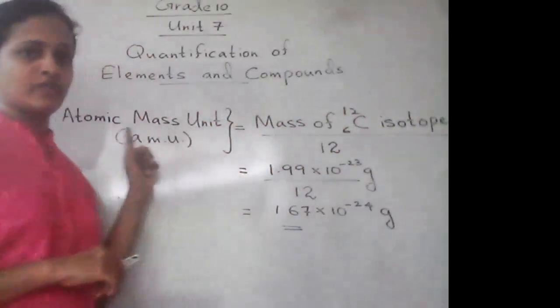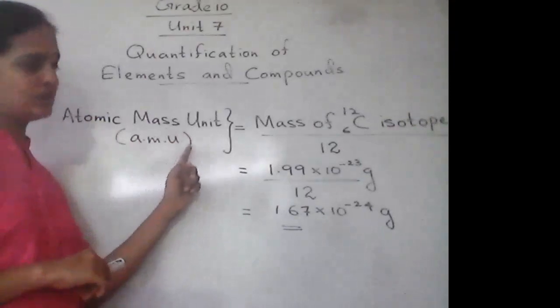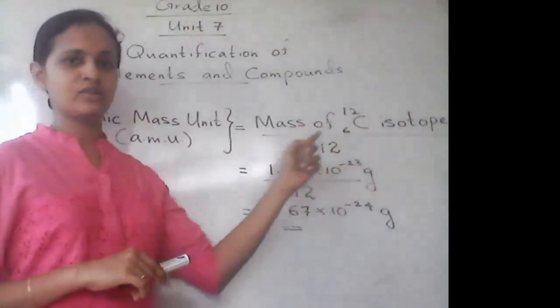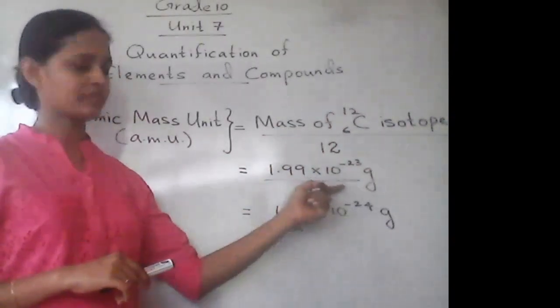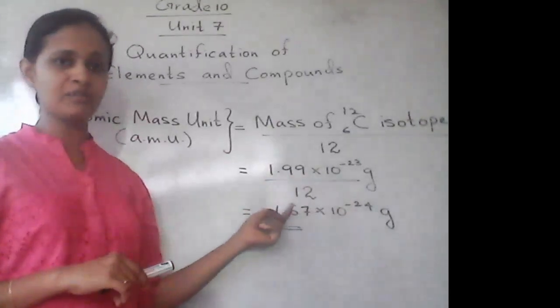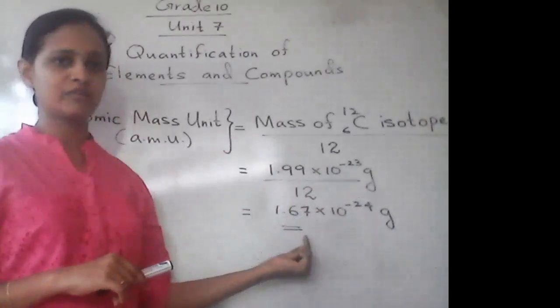So if I repeat, the atomic mass unit or AMU used today is the mass of the carbon-12 isotope divided by 12. The mass of a carbon atom is 1.99 into 10 to the power minus 23 grams. Once we divide it by 12, we get the value of the atomic mass unit.